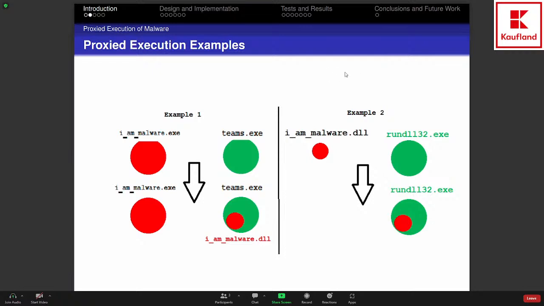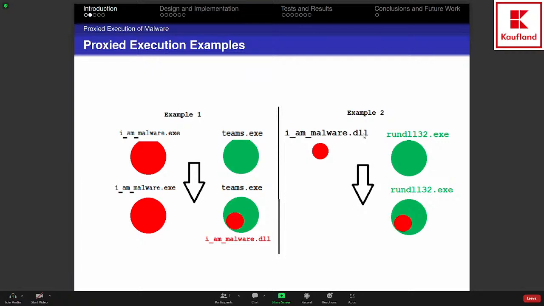In the first example, you have a malware, malware.exe. You have a legitimate process, Teams, part of the Microsoft Teams software, and Teams has a vulnerability through which it can be tricked into loading a DLL, which is chosen by the malware and is malicious, and ends up executing inside the legitimate process.